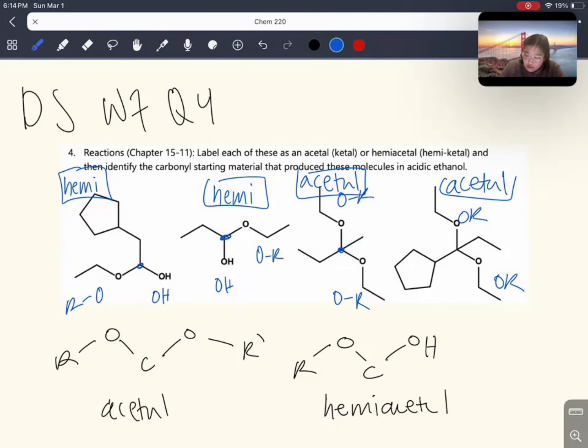And so that's how you can pretty quickly identify if a molecule is an acetal or hemiacetal. Just look at a carbon that's attached to two oxygens and see if those oxygens are attached to a hydrogen or to an R group, the R group being any amount of carbons. Then you have to identify the carbonyl starting material that produced each of these molecules in acidic ethanol.